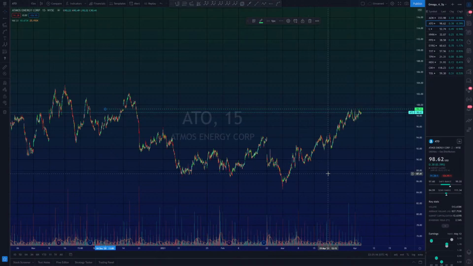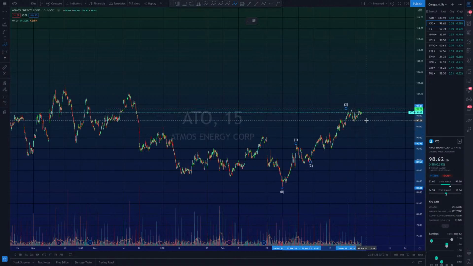Over 99 and a quarter, ATO is going to look really nice. Really nice. So this looks like it's a wave 4 as well. I have a feeling it might come down one more time to 97 and retest this support at 97.50.